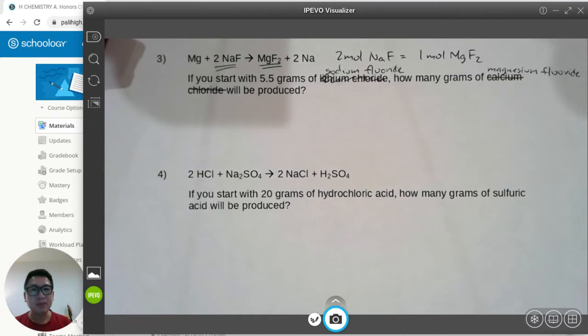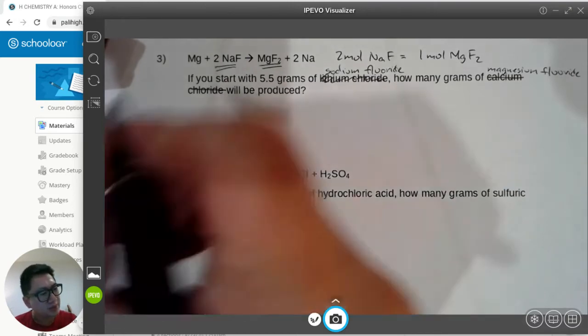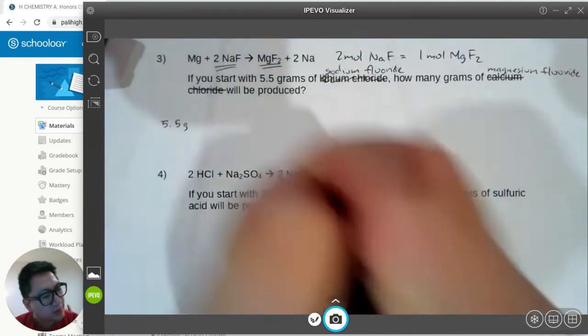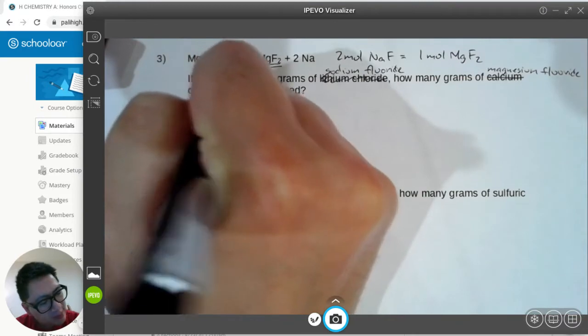Okay, I'm given 5.5 grams of sodium fluoride. So let me write that down as my given: 5.5 grams of NaF.